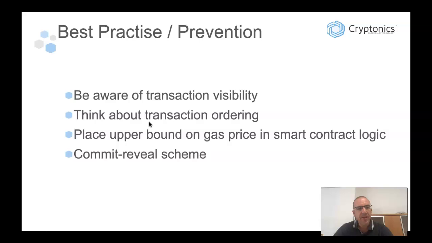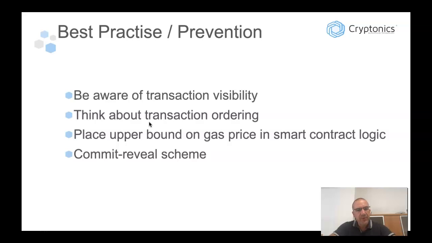But anyway, there's a number of best practices and things we can do to prevent these issues, but in general, front-running and race conditions are built into the blockchain. There are a number of things you can do, but it's unavoidable that these transactions are visible.